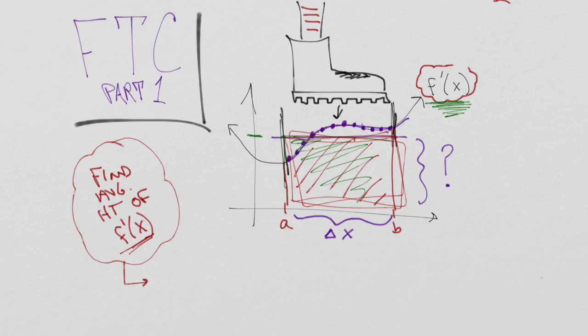So the average height of f prime of x, which again is a fancy way of saying find the average slope, is simply a change of y over a change of x's. Now if we start with the change of x's, we've already called our x change from A to B delta x. So let's go ahead and just put that back on the bottom, and then the change in the y values is going to be f of b minus f of a.